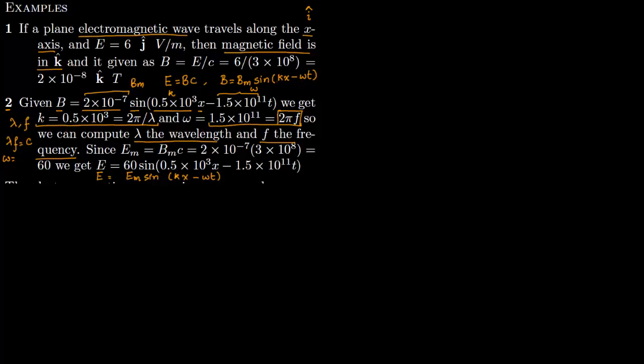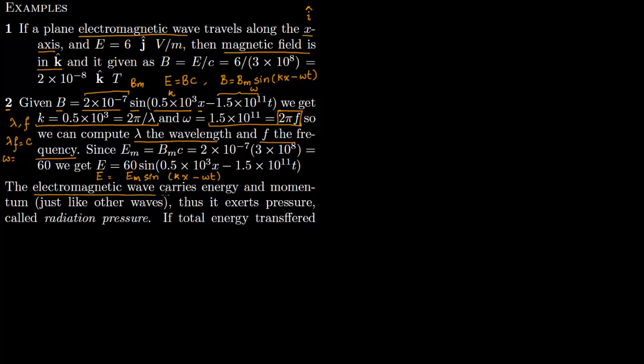Another thing we want to talk about is that the electromagnetic wave carries energy and momentum, just like all other waves. Therefore, when it falls on a surface, it exerts pressure, and this pressure is called radiation pressure.